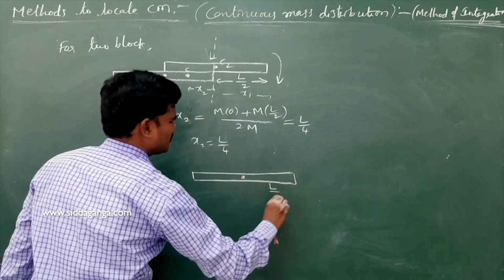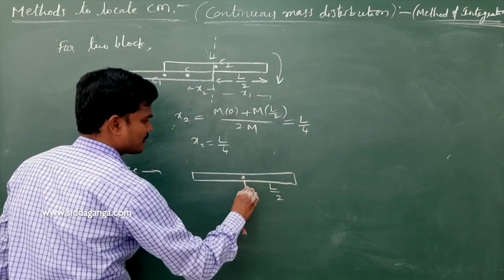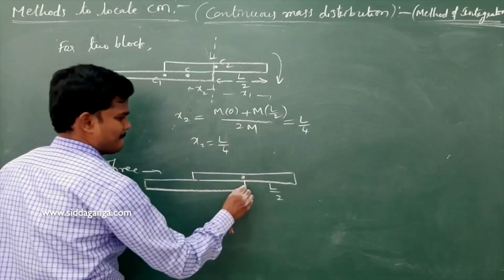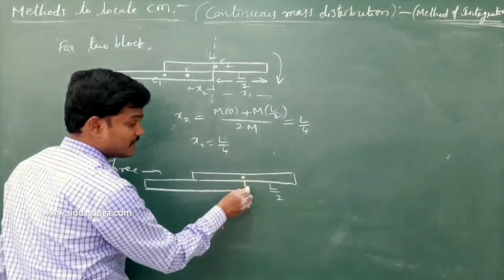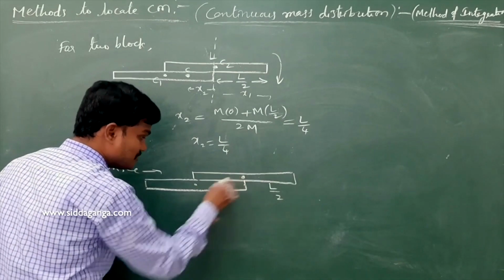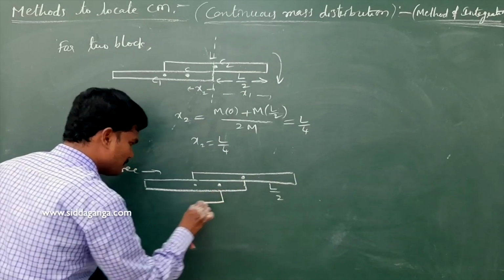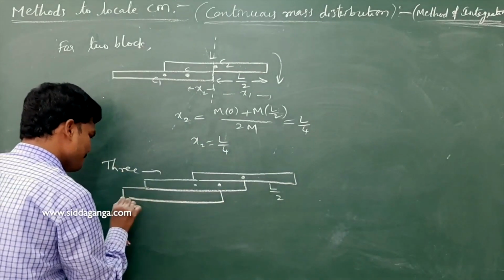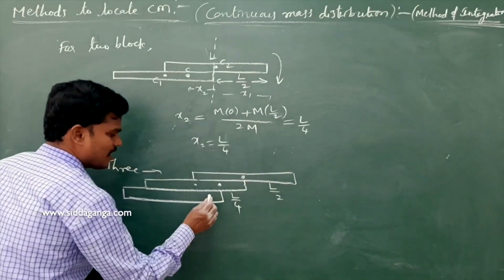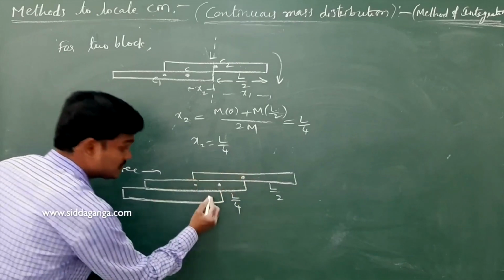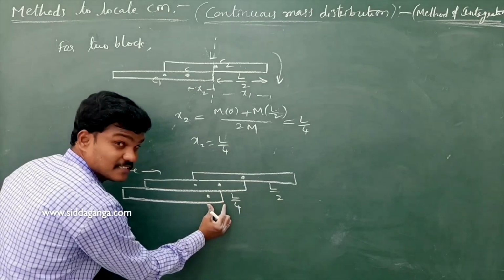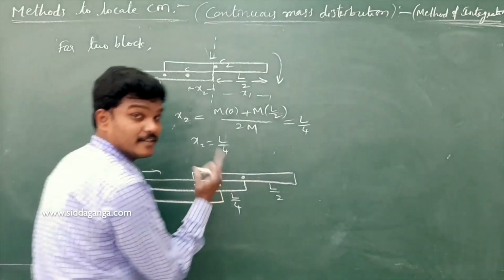This is L by 2, and here, the center of this one is at the edge of this one, so that this one does not fall. And here this is the center of this system and here you keep one more block. This is x2, nothing but how much distance? L by 4, and here the center of mass of these 3 blocks will be here, in the middle. This is L by 6, next L by 8, L by 10.